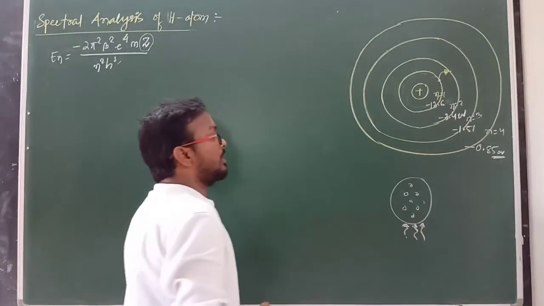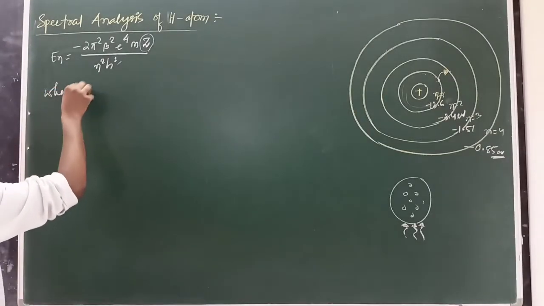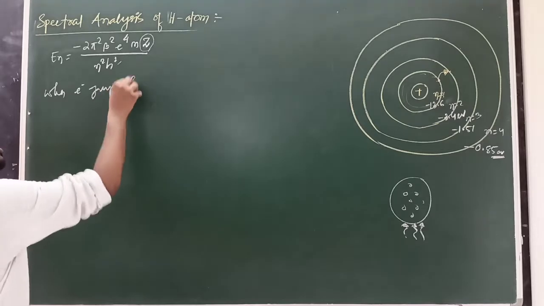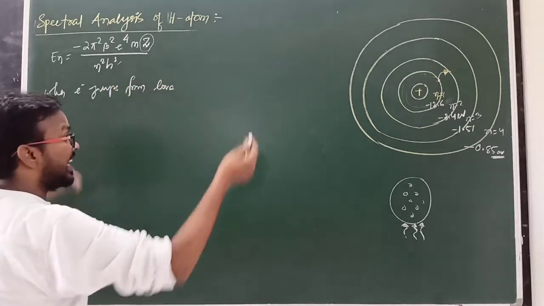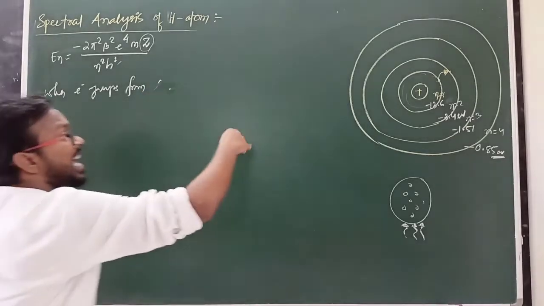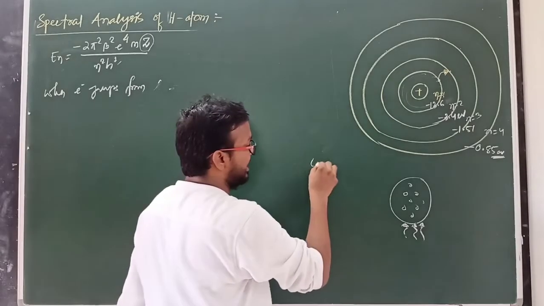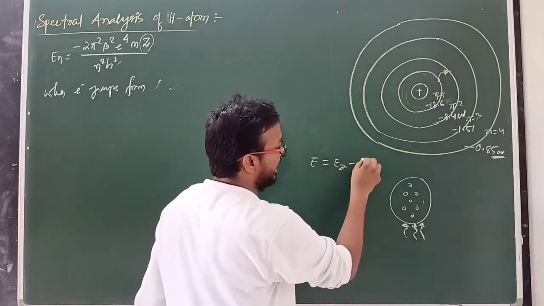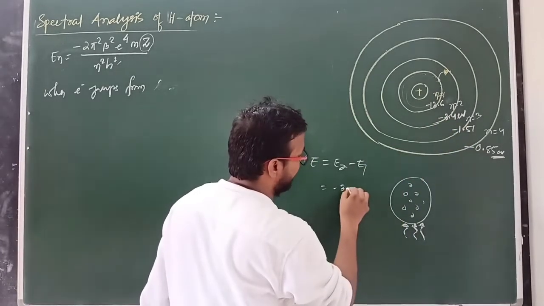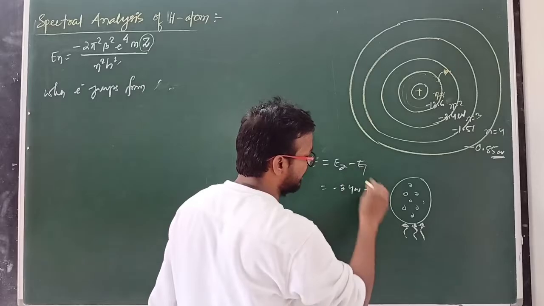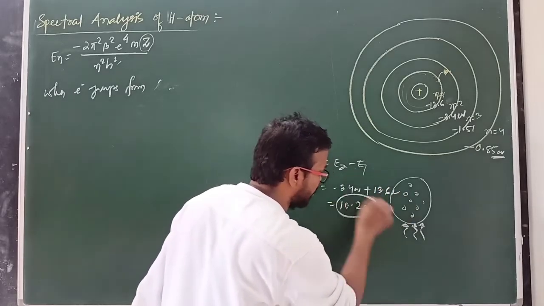But we already know from Bohr's atomic model, when an electron jumps from a lower energy level to a higher energy level, it requires energy E equal to E2 minus E1, where E2 means the second orbit. This is minus 3.4 electron volt minus minus 13.6 electron volt, which is equal to 10.2 electron volt.